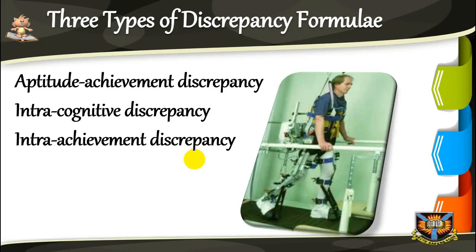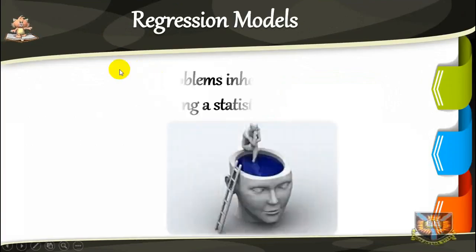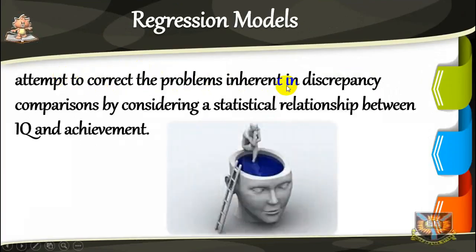Regression models, which attempt to correct the problems inherent in discrepancy comparisons, are used in many states. Here, a statistical relationship between IQ and achievement is considered, allowing for equal probability of identification of an LD across IQ levels, thereby potentially enhancing identification rates.